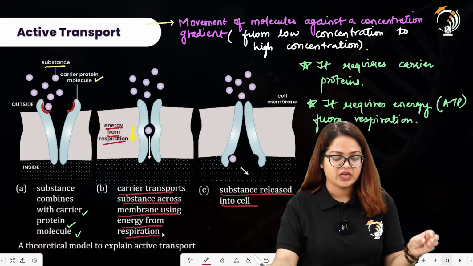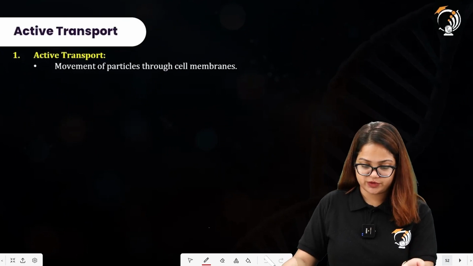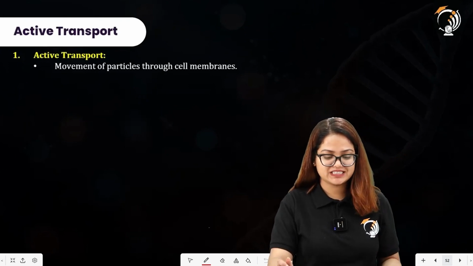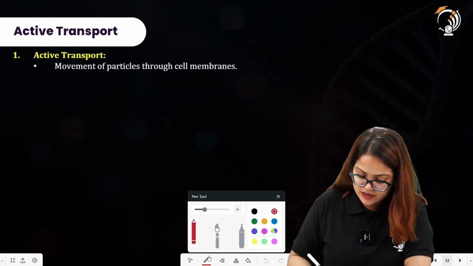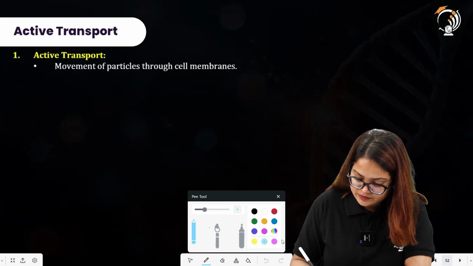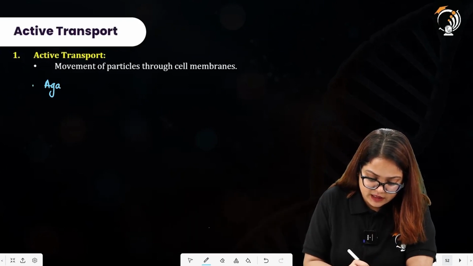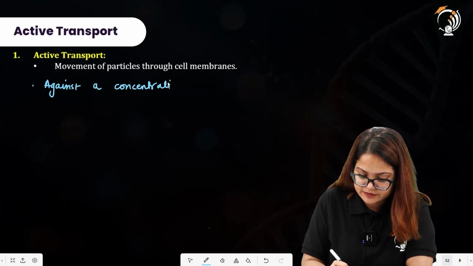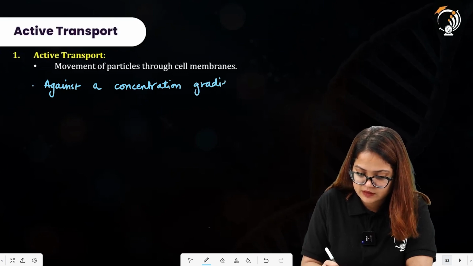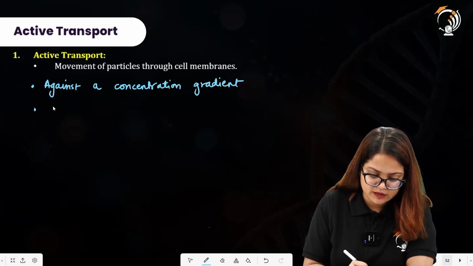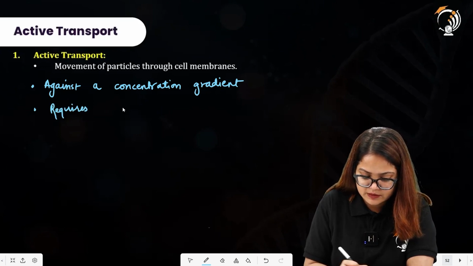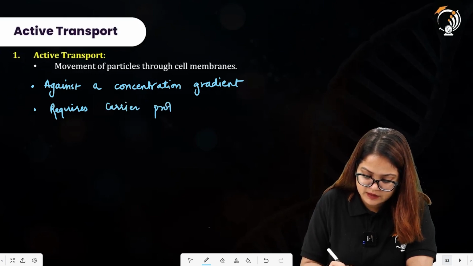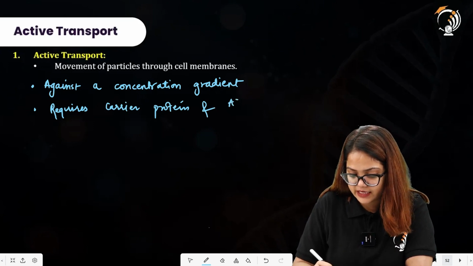And here we have the theoretical model to explain the active transport. The movement of particles, or you can say molecules, through the cell membrane occurs against a concentration gradient, requires carrier protein and ATP from respiration.